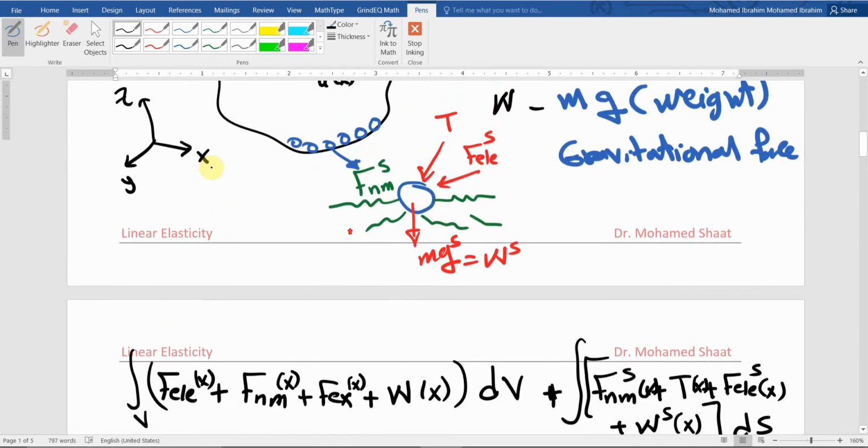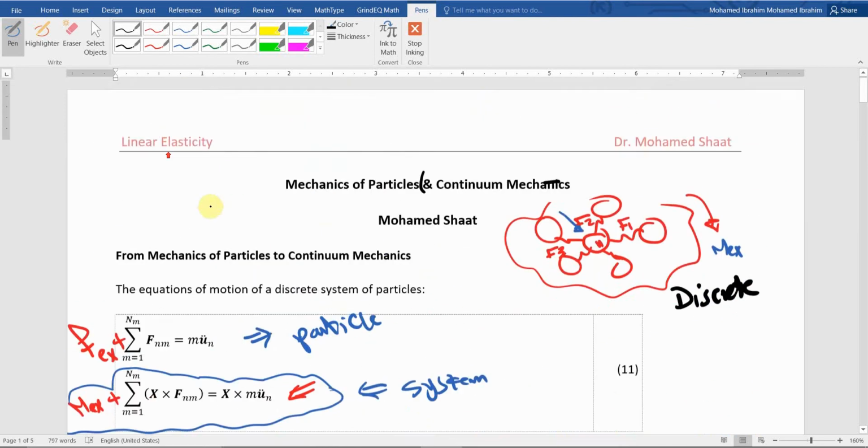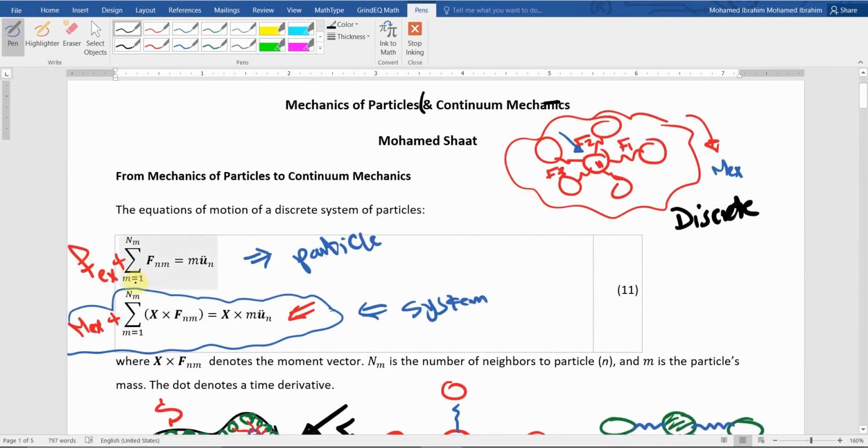So now we end up with the right-hand side of the first equation, where we sum all the forces acting over all the particles of the continuum. But these particles are in two different domains: some particles are inside the core and some are over the surface. The forces over the particles inside the core are different than the forces acting on the particles on the surface.